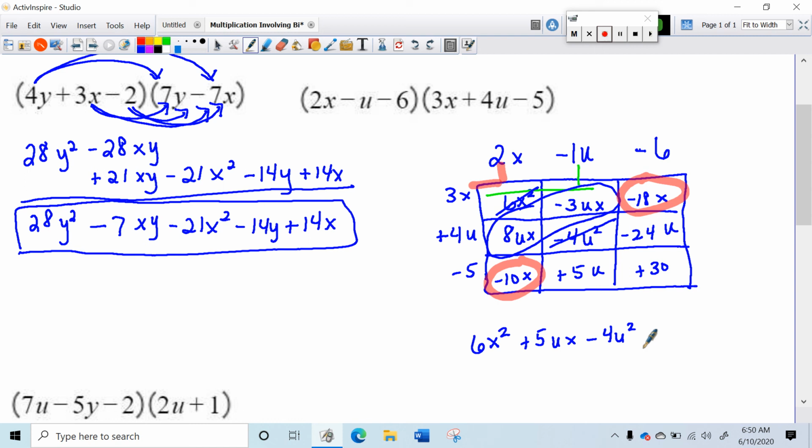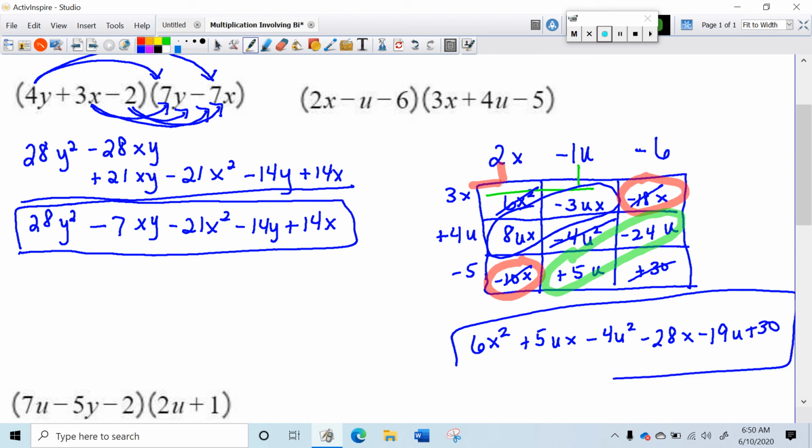Negative 10 and negative 18 is negative 28x, so those are gone. I can put these u's together. Negative 24 plus 5 is a negative 19u, and then I have my plus 30. Now I'm going to check and make sure there's no other like terms that I can combine. No, everything is different. So this is the answer.